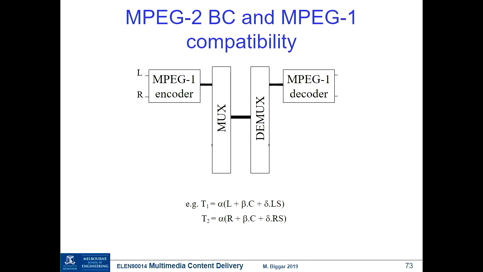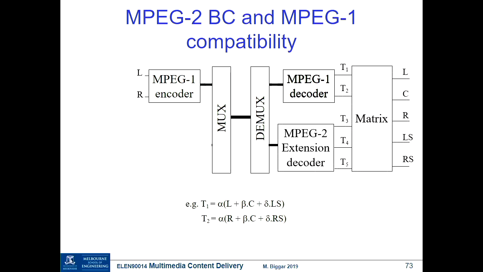MPEG-1 encoder could talk to MPEG-1 decoder, of course. But MPEG-1 encoder could also talk to a full decoder in which some material in these surround channels would be synthesized essentially from the combined signal.